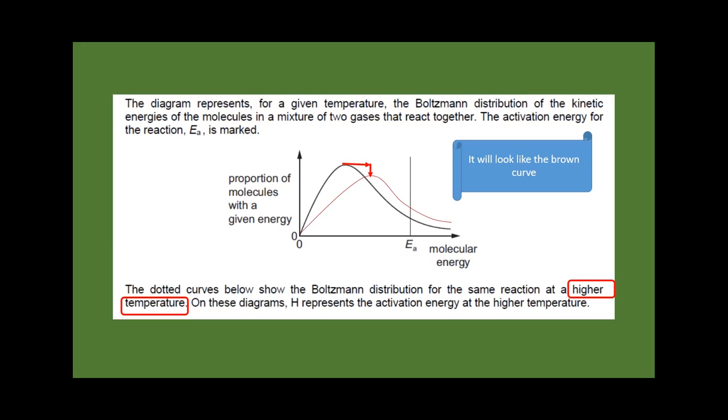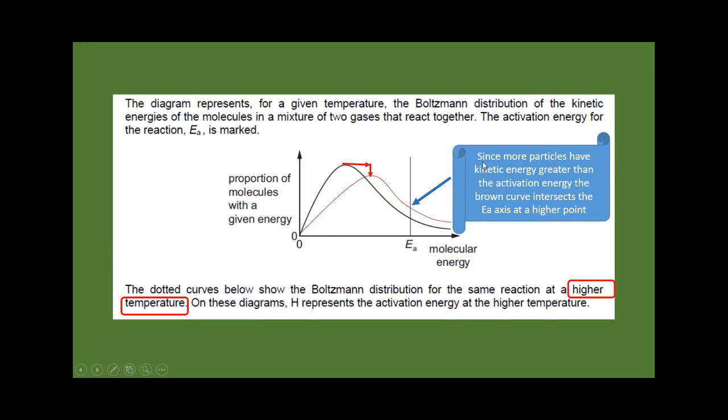So we'll expect the curve to look like this. Yes, it should start from the origin. It should be 0, 0 origin. So it will look like the brown curve.